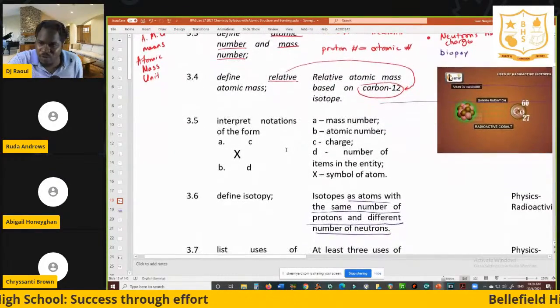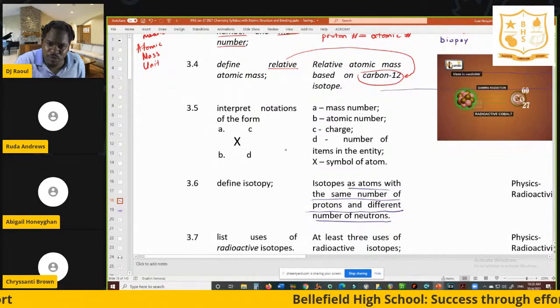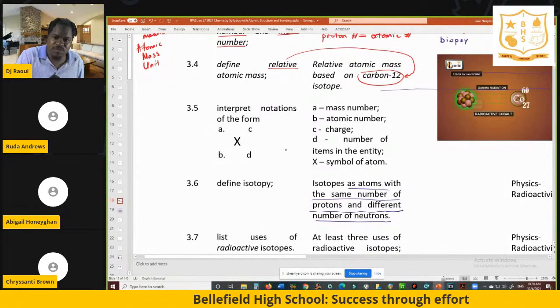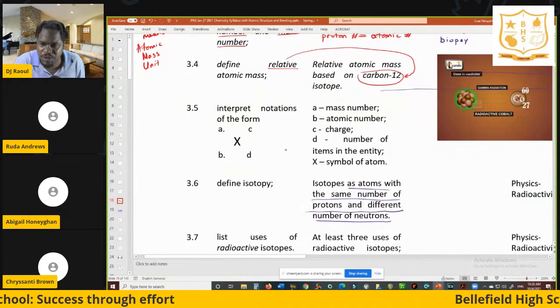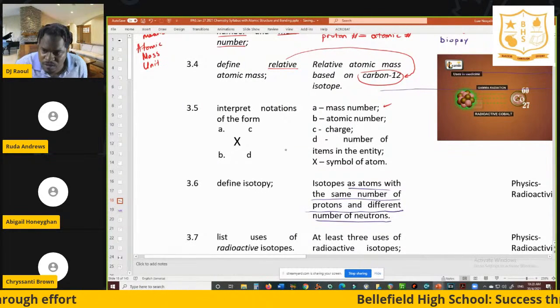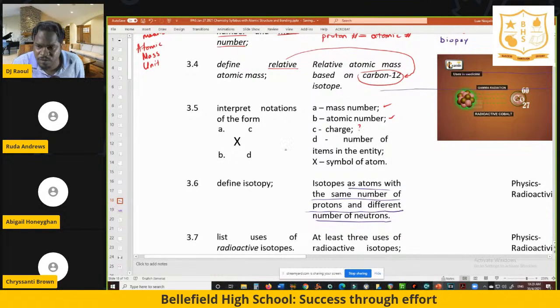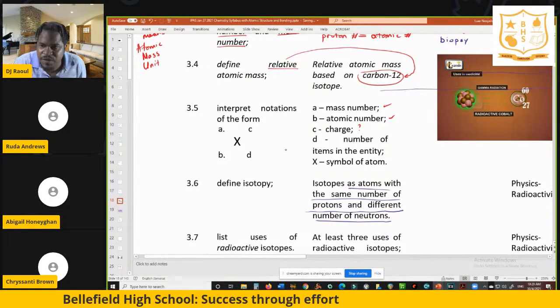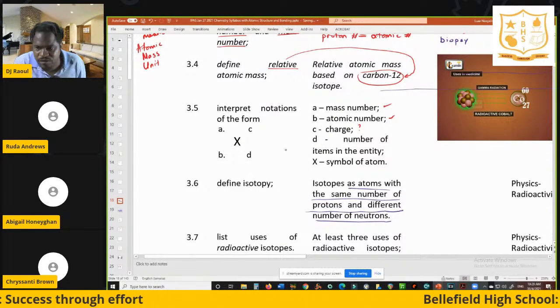3.5 however is more important for us to know right now, because they say interpret notations of the form X with A, B, C, D, where A is the mass number, B is the atomic number, which you should know, the charge, which we will have to spend time to learn, and the number of items in the entity, as X is the symbol of the atom.